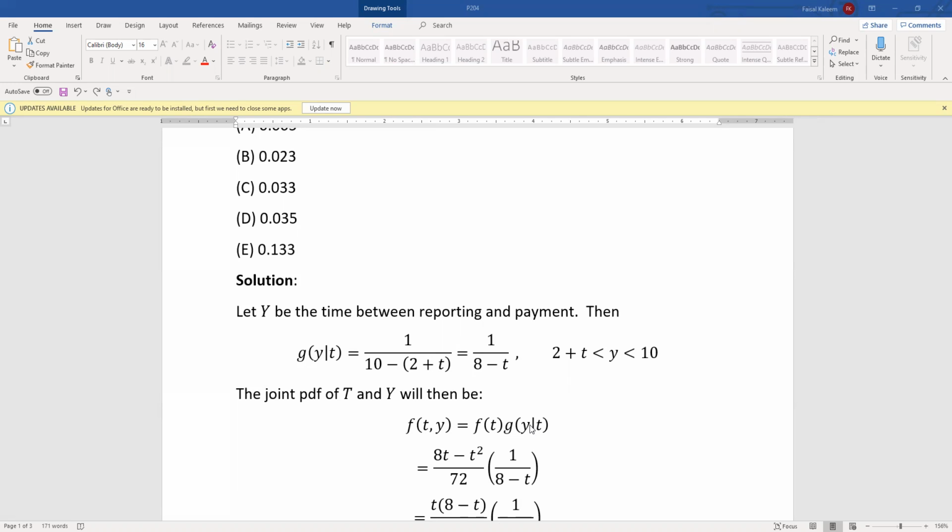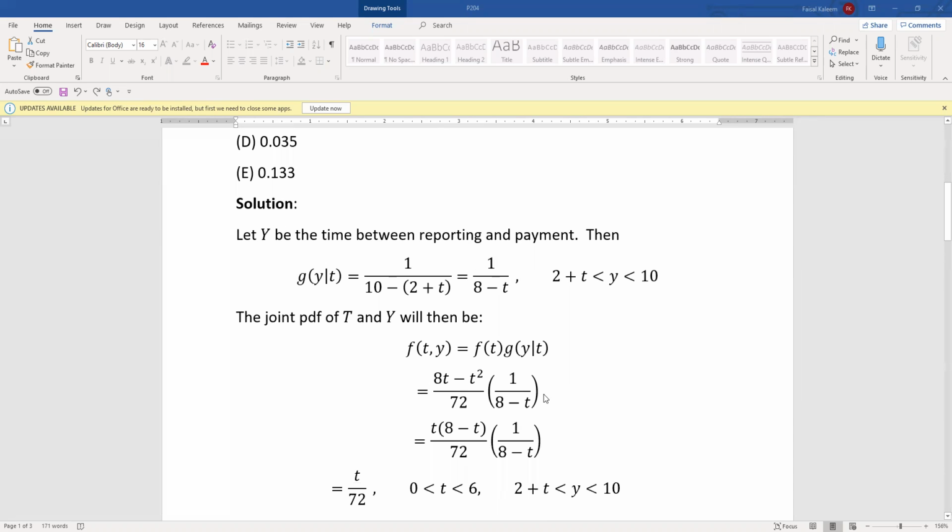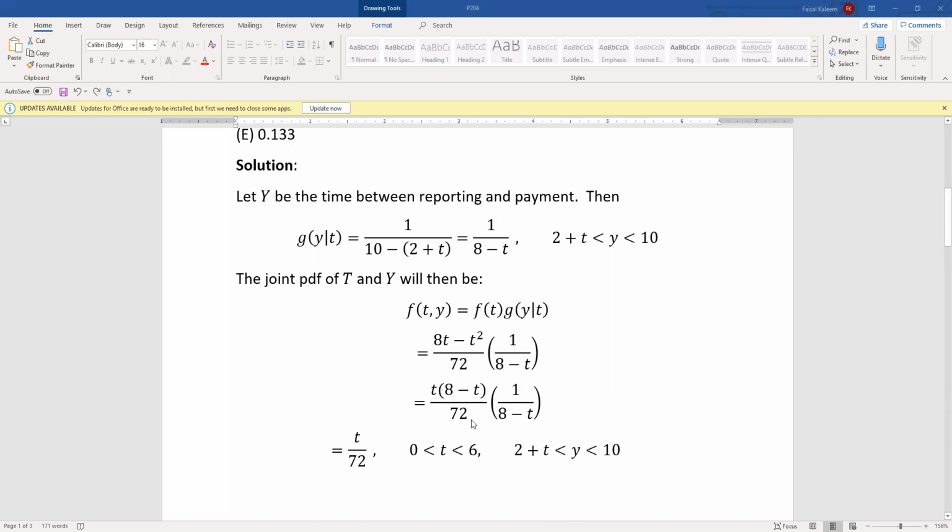That's a universal formula. f of t was given to be (8t minus t squared) over 72, and the g of y given t we found to be 1 over 8 minus t. Here we can factor out t, leaving 8 minus t, which cancels with this one. So eventually it's just t over 72.